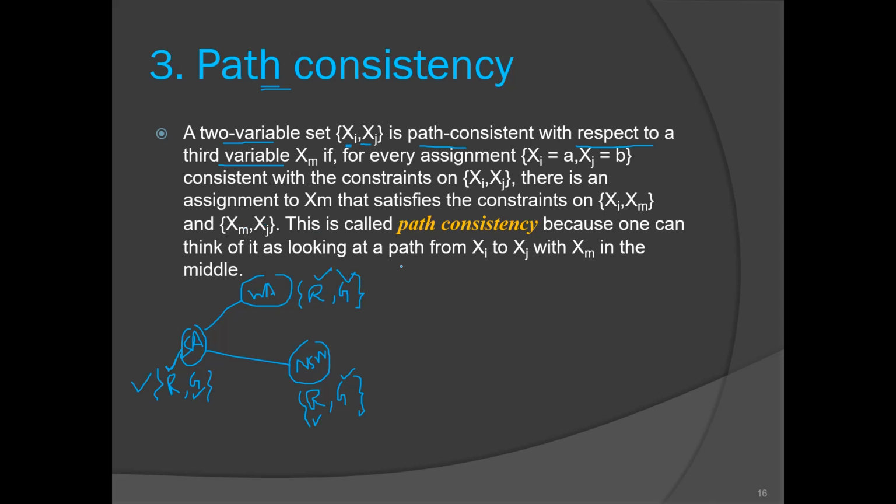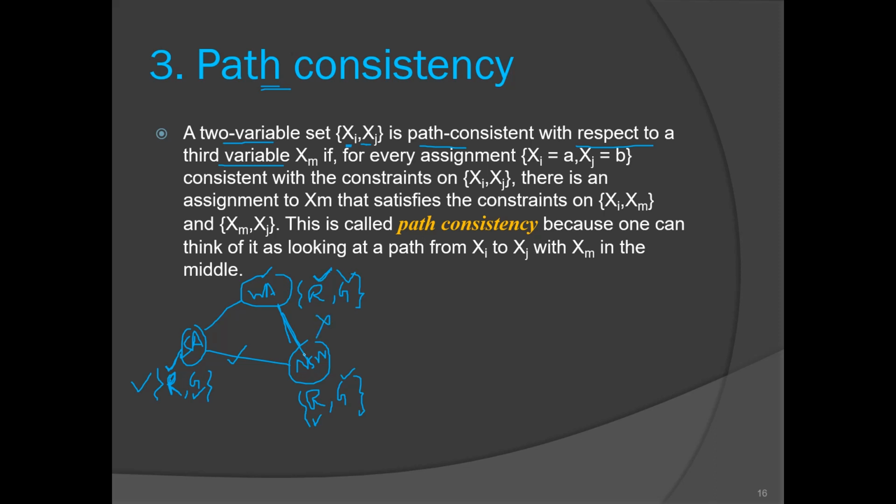So see what is happening here. If we assign R to SA and G to NSW, that means this constraint is satisfied. But for the same assignment, do we have an option for WA? No, right? We cannot assign. So if you consider this path also, you cannot assign R to WA and G to WA, right?